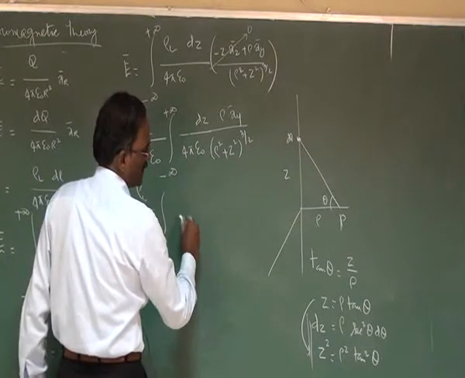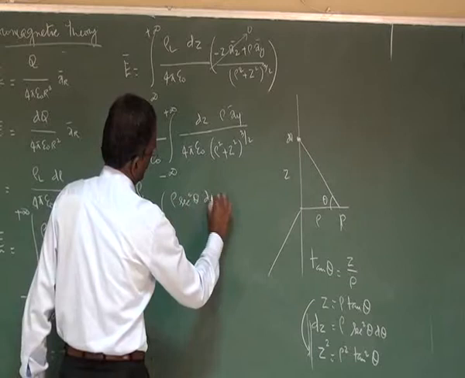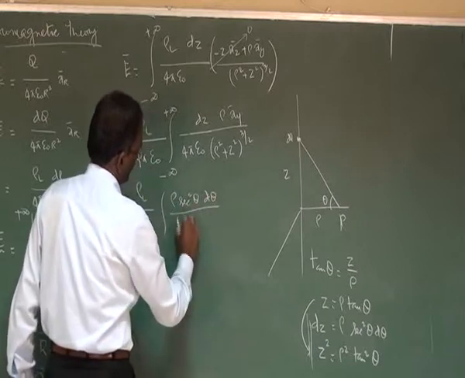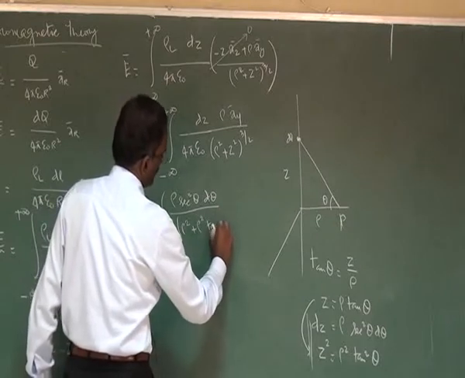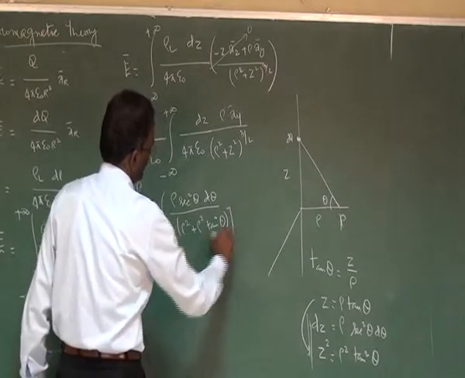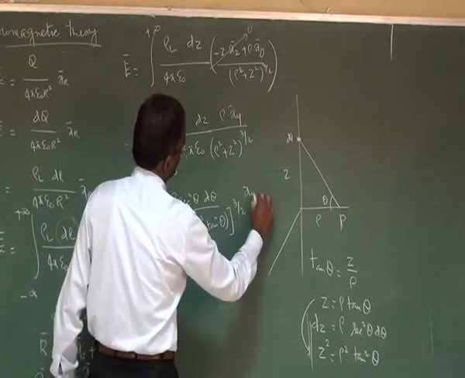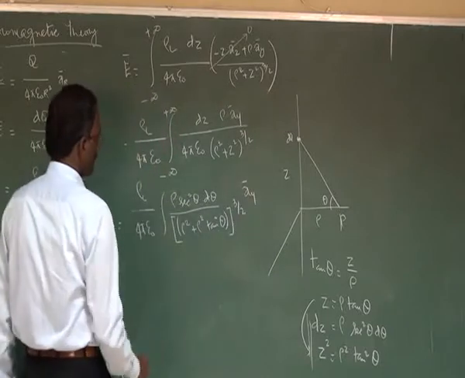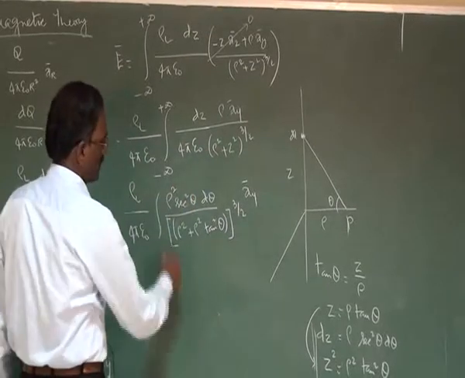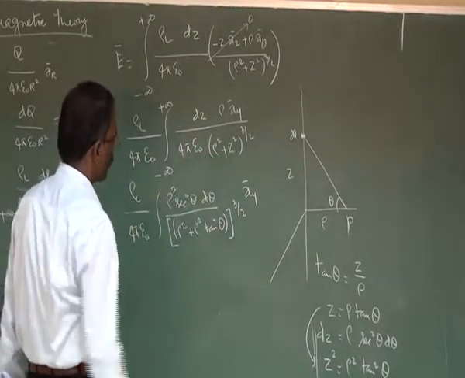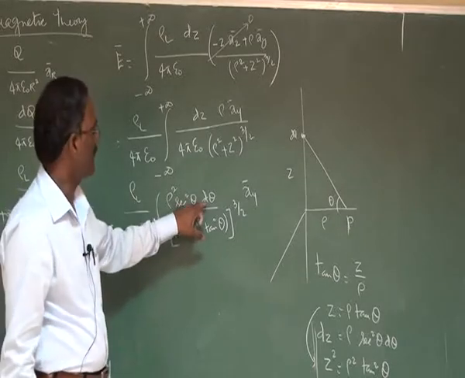Instead of dz, rho secant square theta d theta, divided by rho square plus z square, which is rho square plus rho square tan square theta, to the power of 3 by 2, and this is ay bar, the unit vector. Now the integration variable is theta.